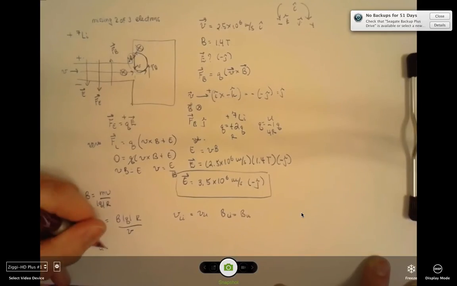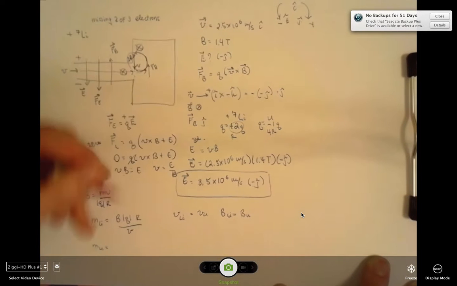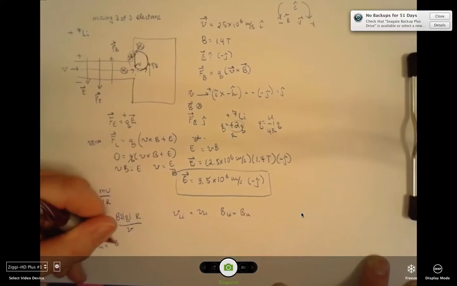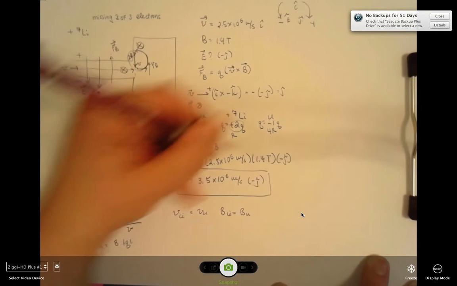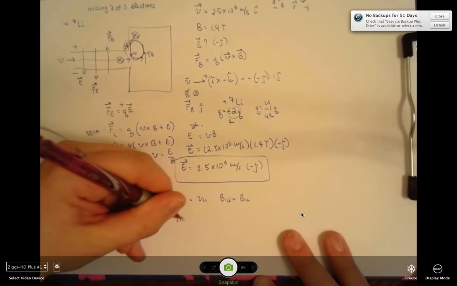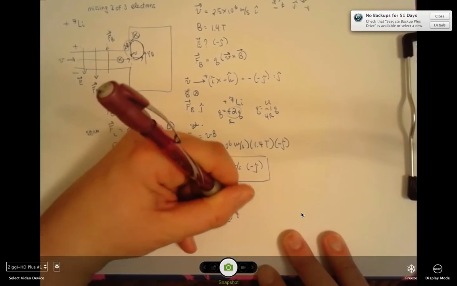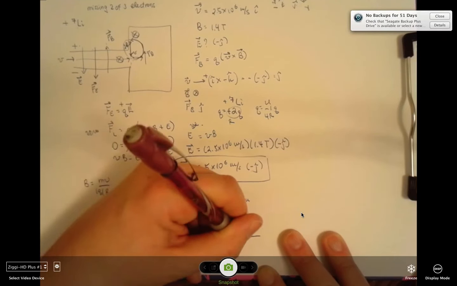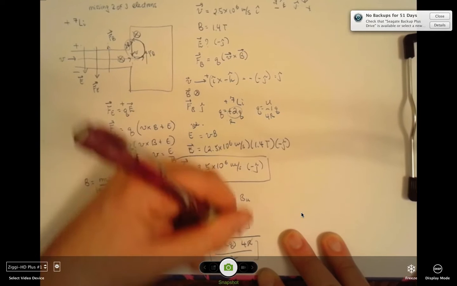And the mass of the unknown is going to be, for the lithium, we've got plus 2 for the Q, so I'm going to put a 2 in there. And then R is just R. For the unknown, it's going to be B1 for the Q, so I'll leave it as it is because the minus goes away, its absolute value. 4 times the R over V. So if I put the mass ratio of them, I get mass of lithium over the mass of the unknown is equal to B 2Q R over V divided by BQ 4R over V. B's cancel, Q's cancel, R's cancel, V's cancel.